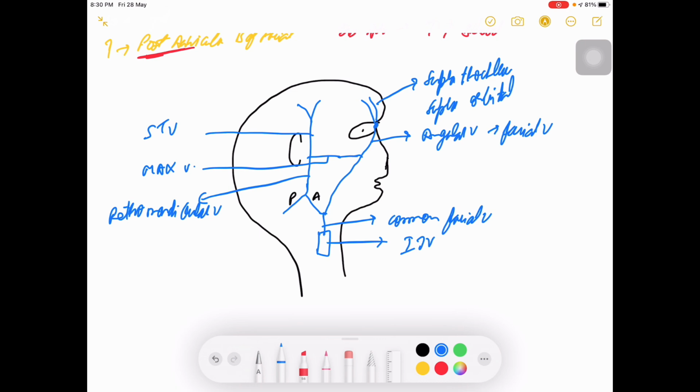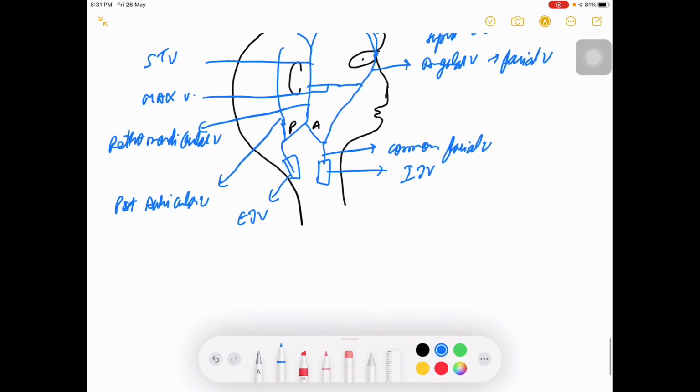Whereas the posterior one, behind the auricle you have a vein that is known as posterior auricular vein. So the posterior auricular vein merges with the posterior division of retromandibular vein, and they together drain into external jugular vein.